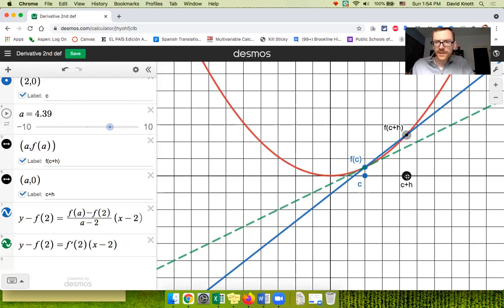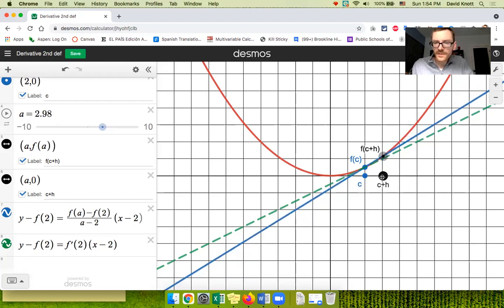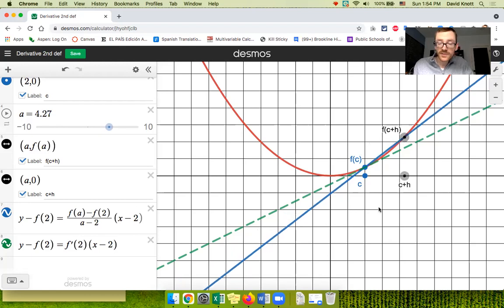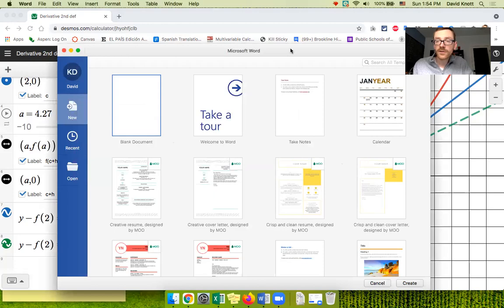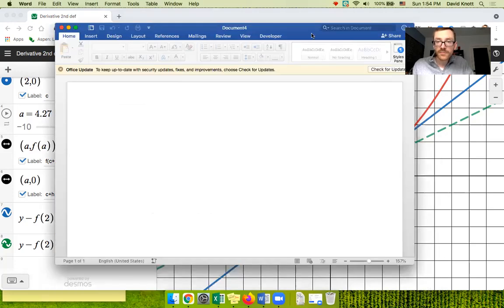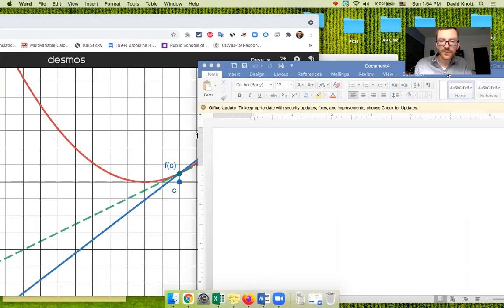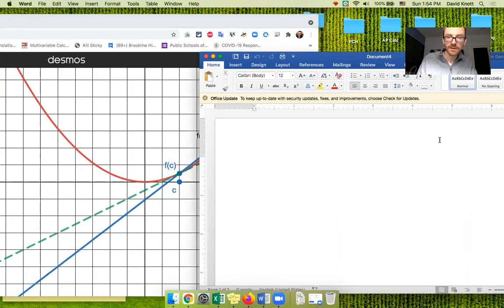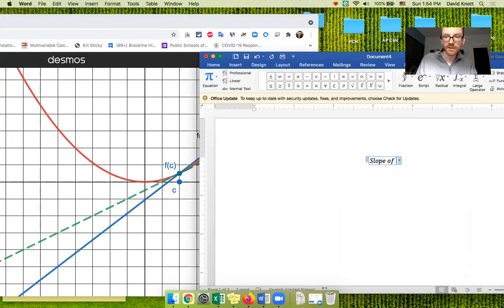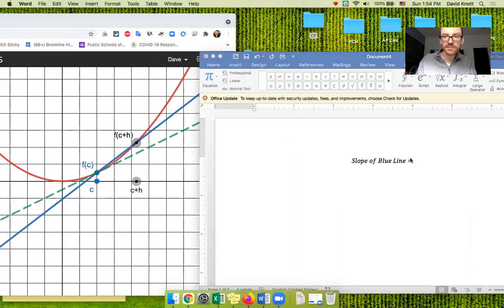Now, as I move this point closer and closer to C, well, actually, let me back up. Let me go ahead and write down the formula for the slope of the solid blue line, just like I did yesterday. The slope of the blue line, that's the solid line, is of course rise over run.